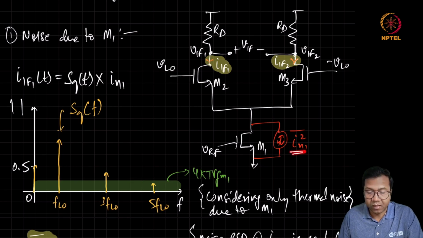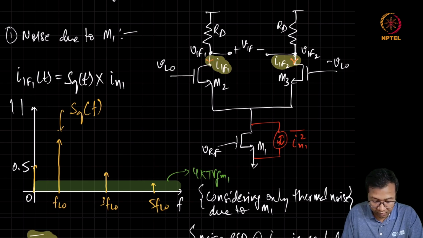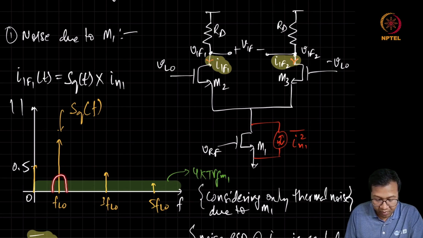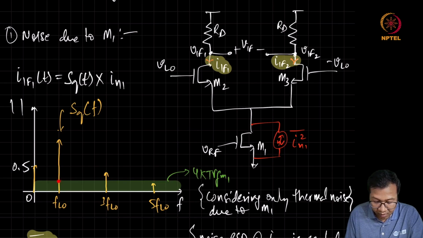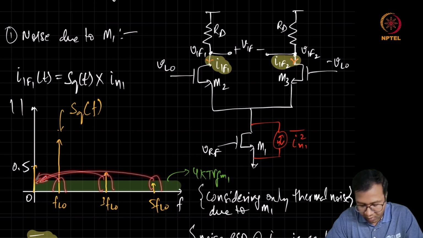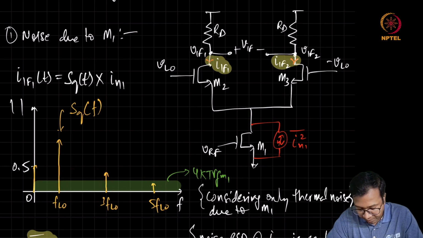But right now, this thermal noise is not a narrow band noise, just like our signal. Our signal used to be narrow band like this, whereas this thermal noise is everywhere. As a result, the thermal noise from all the harmonics will be contributing to the components at the baseband.